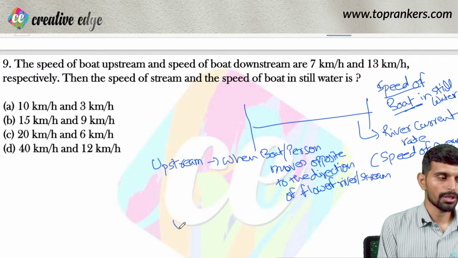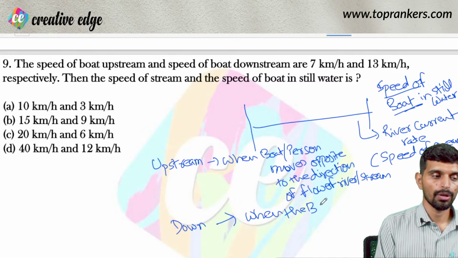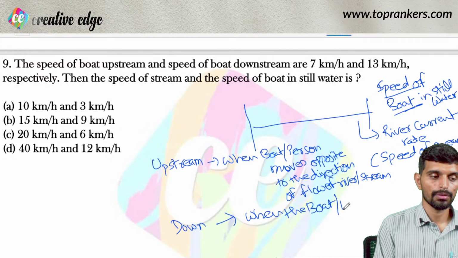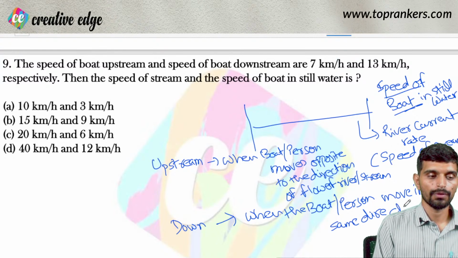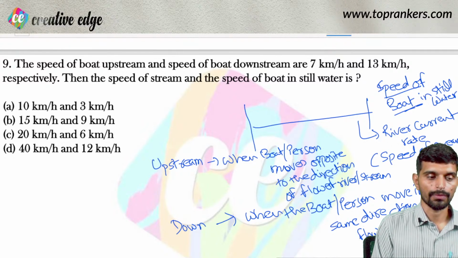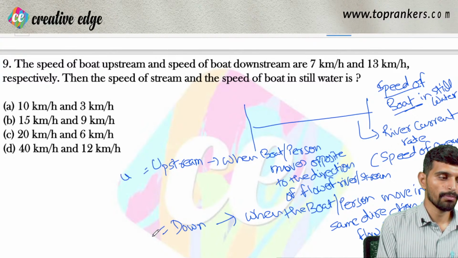And what about downstream? Downstream is along, when the boat or person moves in the same direction of flow of river, right? So we denote upstream by U, downstream by D.